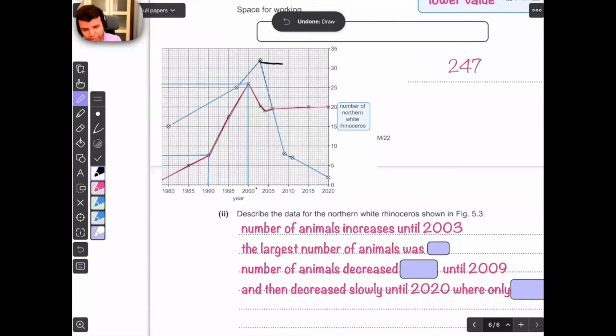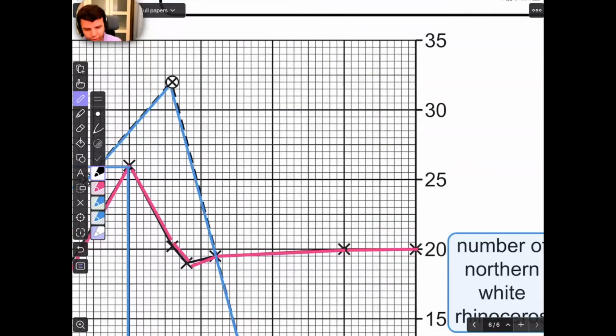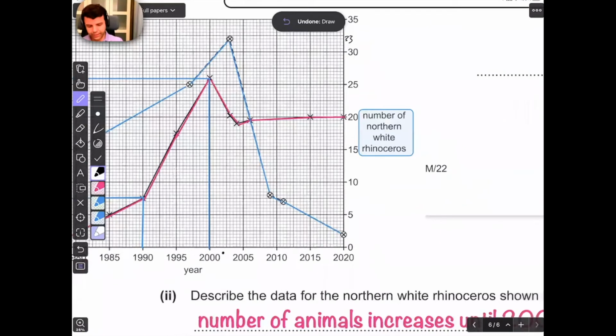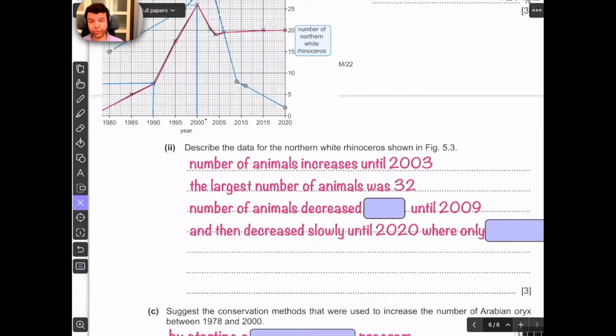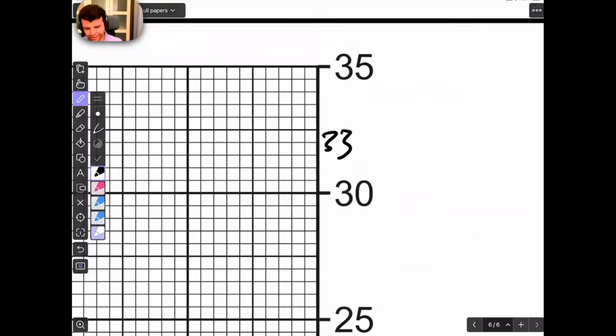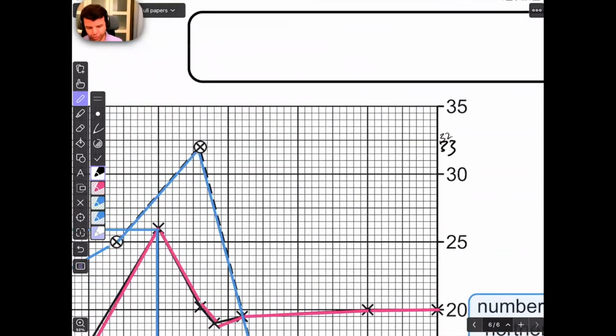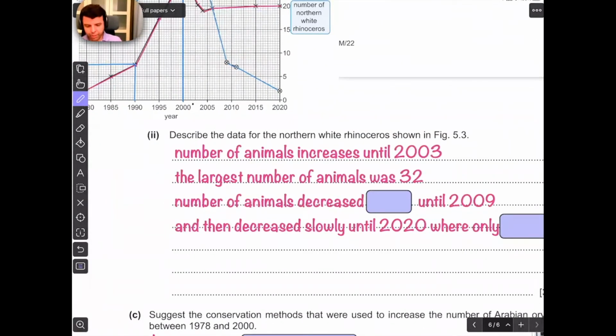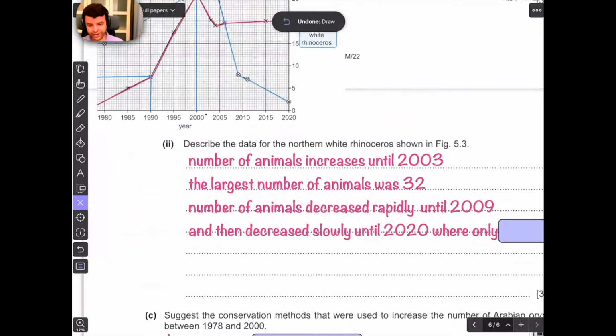The largest number we got was nearly 33. Okay, so I'm going to tell them the maximum number, which is like 32 or 33. Let me just make sure. That's 32 and a half, and it's 1 square. Yeah, it's actually 32. Sorry. And then the number of animals decreased rapidly till 2009, till here.